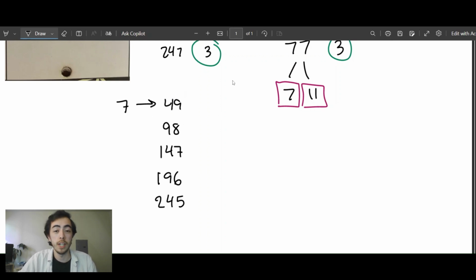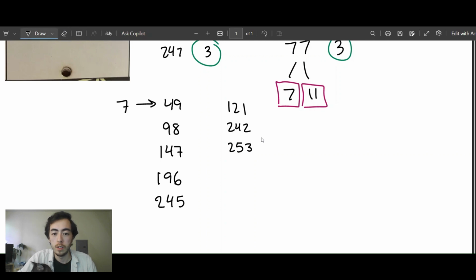The next prime to check is 11. Let me count up by some multiples of 11 until I reach around 247. Okay, that wasn't that hard, because then the next would be 253.